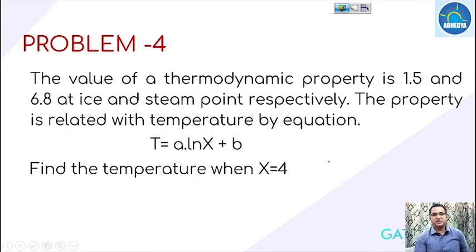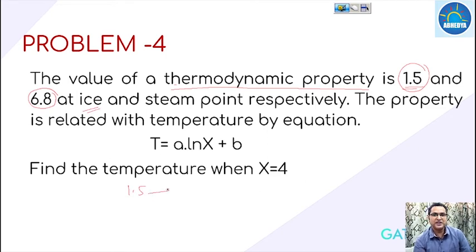Now see one more problem. This is again a good question. The question is given that the value of a thermodynamic property is 1.5 at the ice point and 6.8 at the steam point.